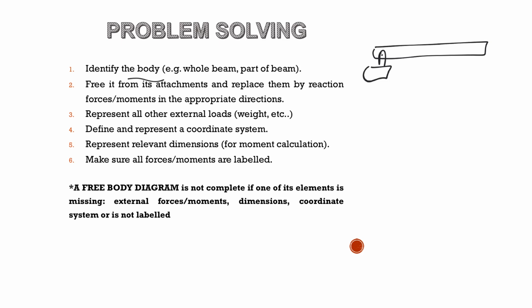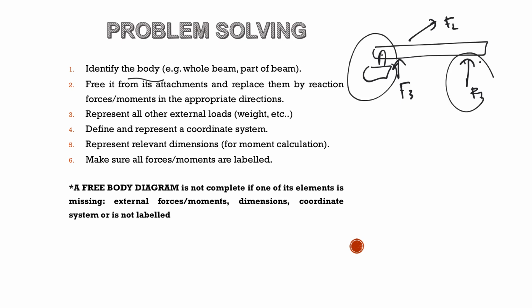You can see that when you have all the forces here, you have F1, F2, and F3. So what is the function of the hinge? The hinge is going to give a force that balances F1, F2, and F3 to make sure the beam is going to be in equilibrium.